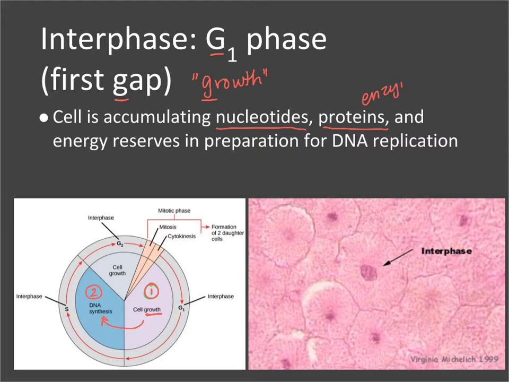Remember that there are a lot of enzymes involved in DNA replication, and there are proteins involved in organizing the DNA into chromatin. It also accumulates energy reserves. So it might accumulate different nutrients so that it can then make ATP, because DNA replication requires a lot of energy to occur. So it's going to gather things like nutrients and oxygen to make ATP so that the DNA can be replicated in the next phase.